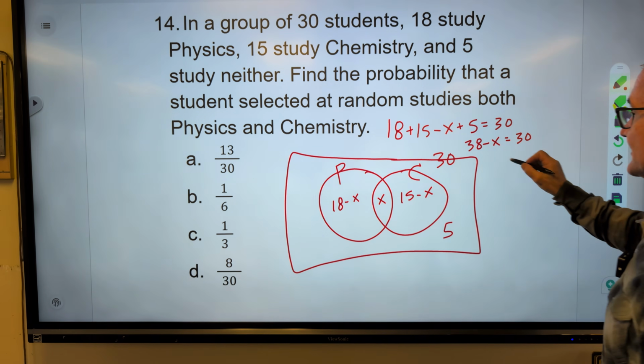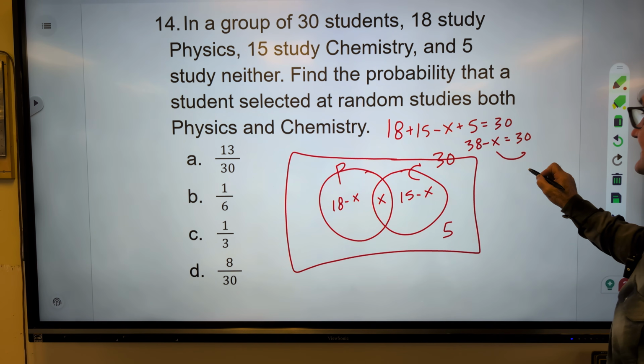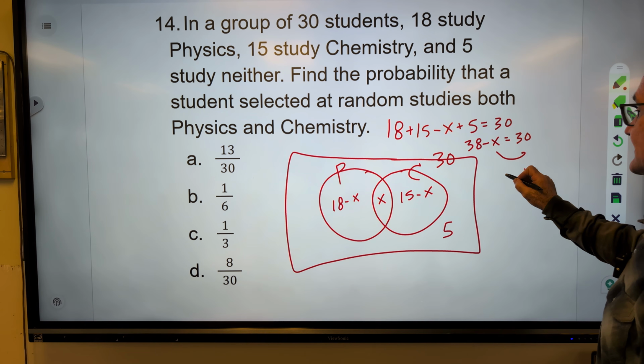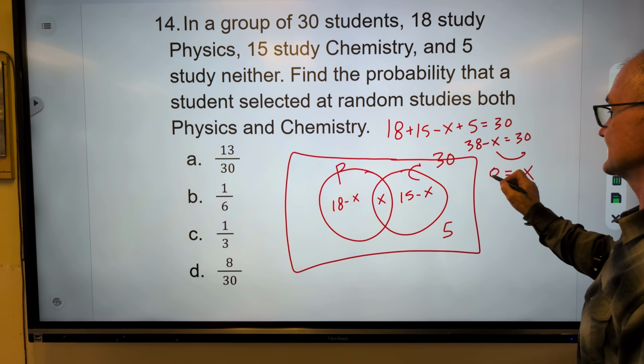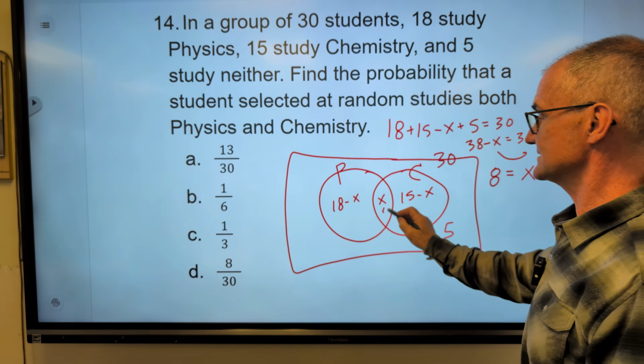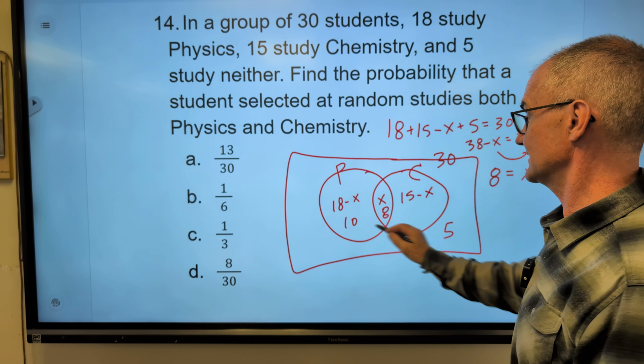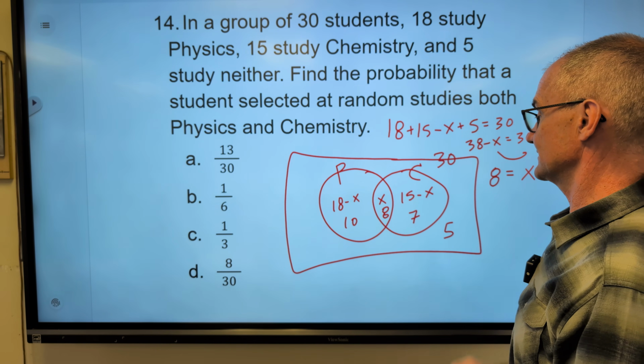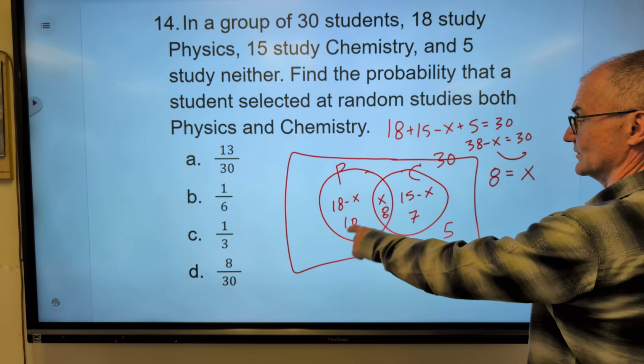I'm going to bring the x over here to get x. And then I'm going to bring the 30 over here to get 8. The intersection is 8. That would be 10 here, 7 here, 15, or 25, 30.